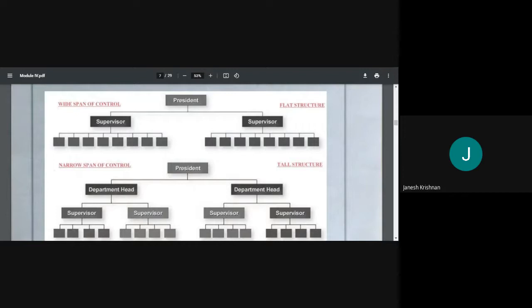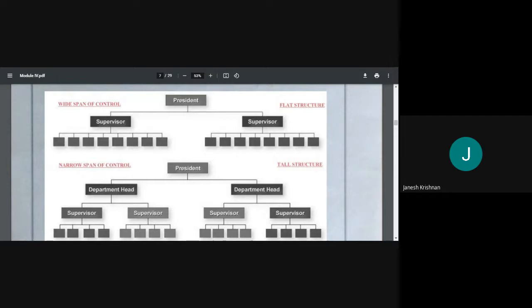We know operation level, lower level management, is where the plans are operational, as opposed to strategic plans and tactics. So it is also called operative span, meant primarily for lower levels. Here the president will have 2 supervisors, and 8 persons are supervised and controlled by one single supervisor.